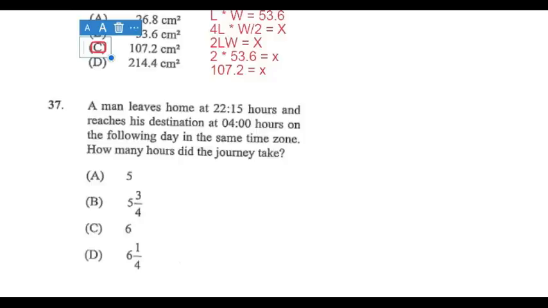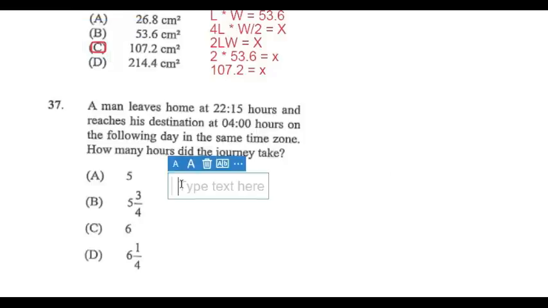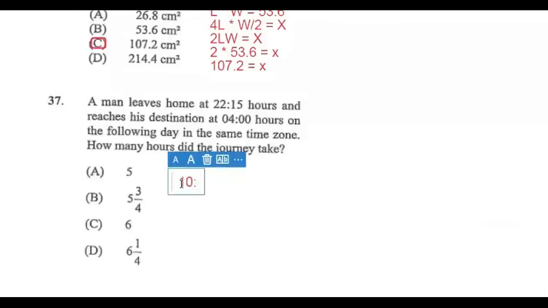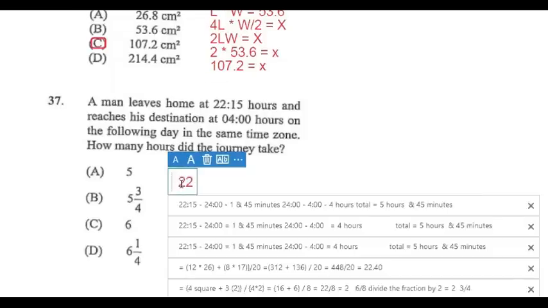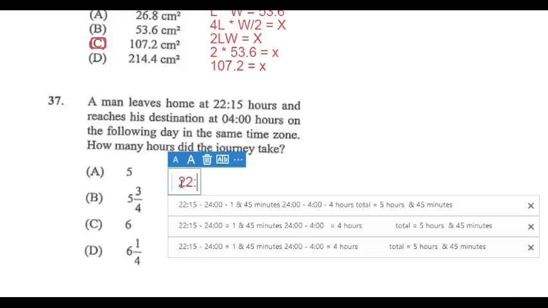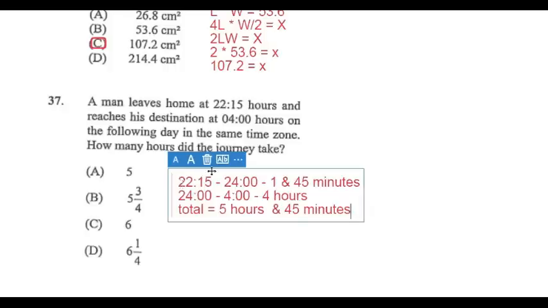37. A man leaves home at 10:15 p.m. So 22:15 is the same as 10:15 p.m. So he left home at 10:15 and reaches his destination at 4 on the following day in the same time zone.